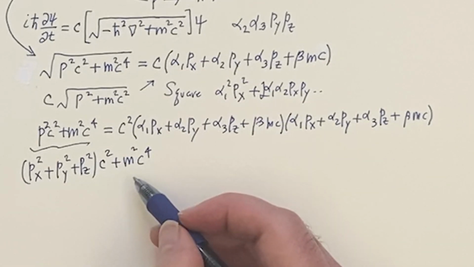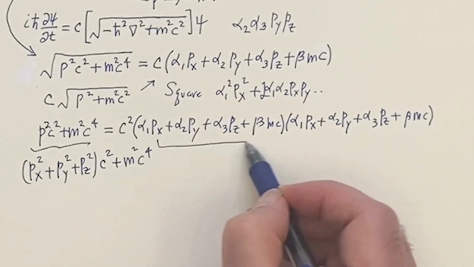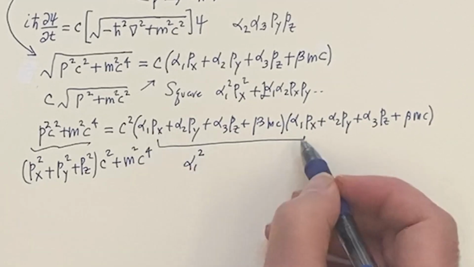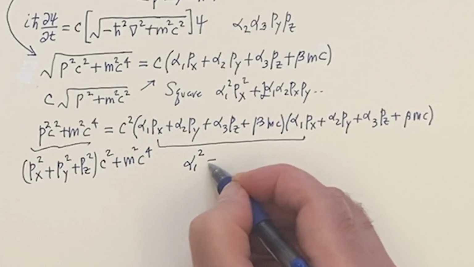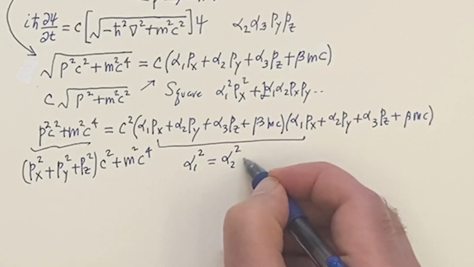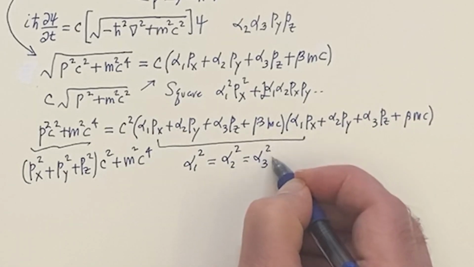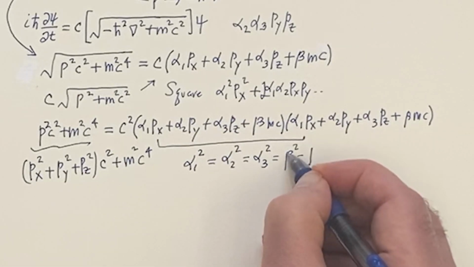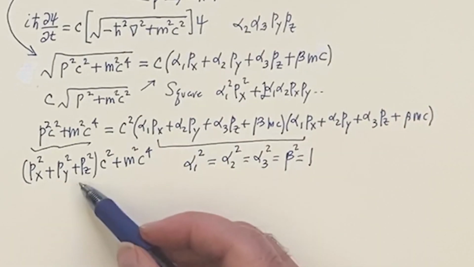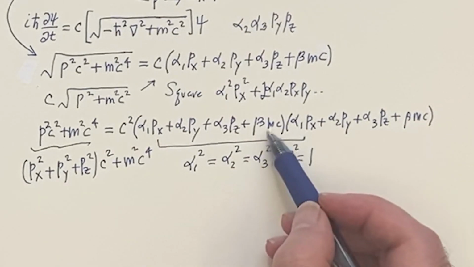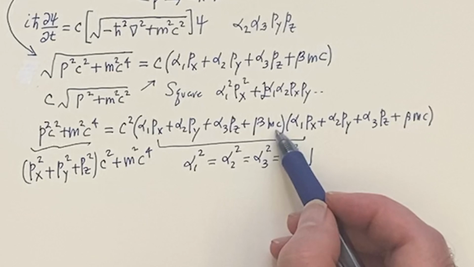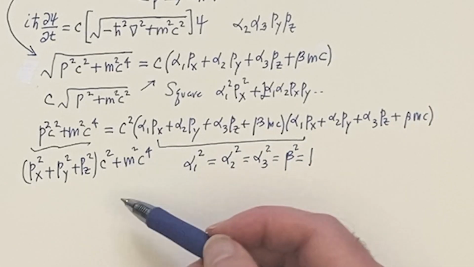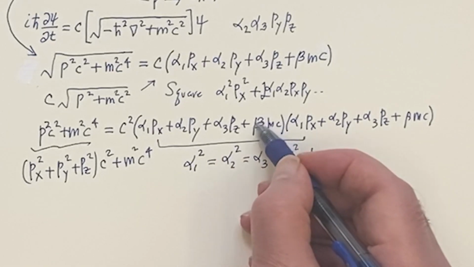So what Dirac is saying, if you take these two, alpha 1 squared will have to equal alpha 2 squared, alpha 3 squared, beta squared, and it has to equal 1. Because m squared c squared, you'll hit it with the c squared there to get c to the fourth. It has a 1 there, so that means beta squared is 1.